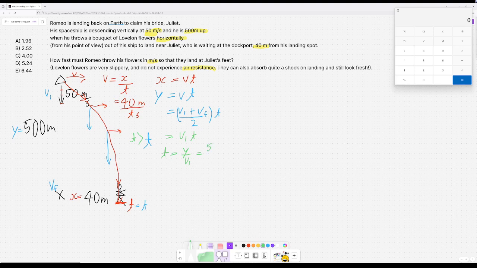That's 500 meters over 50 meters per second. The meters cancel out and the seconds go on the top, so we actually have seconds. So this is in time. And what we get as a result is 10 seconds. We know that's too much time.